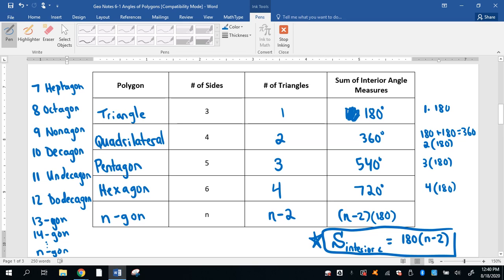Okay, so let's go ahead and use this formula. The sum of the interior angles is 180 times the quantity n minus 2. If you have a regular polygon, all side lengths are the same and all interior angle measures are the same.